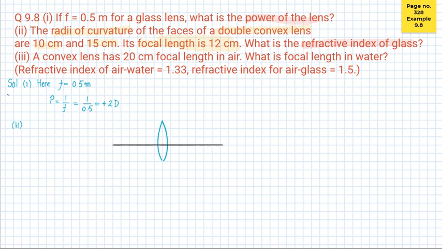Now, for your first refracting surface, this point, let us suppose this is C1, then this is R1.